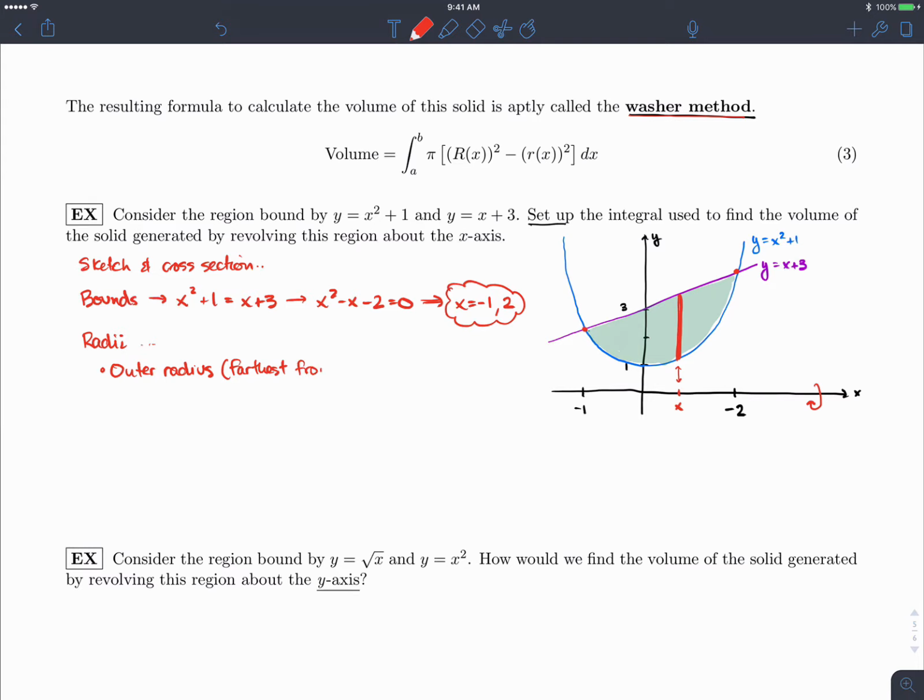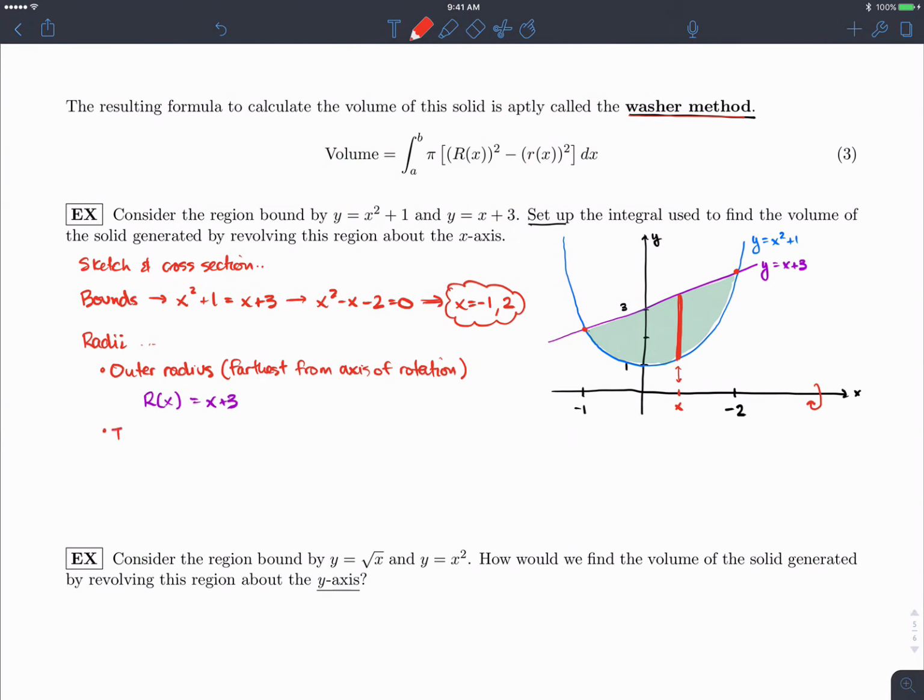In this case, big R of x equals x plus 3.